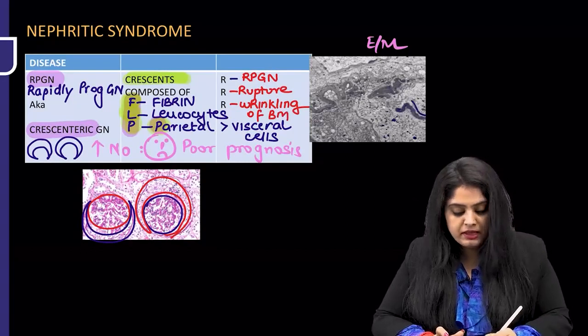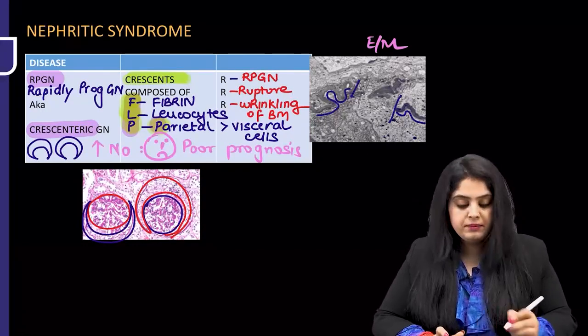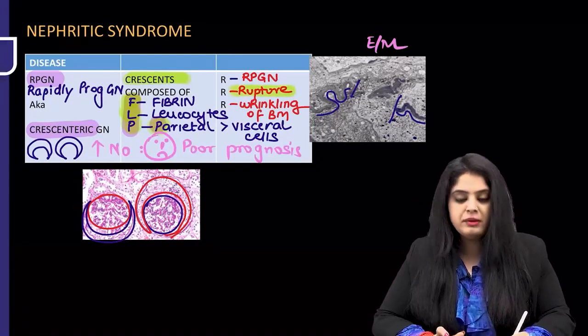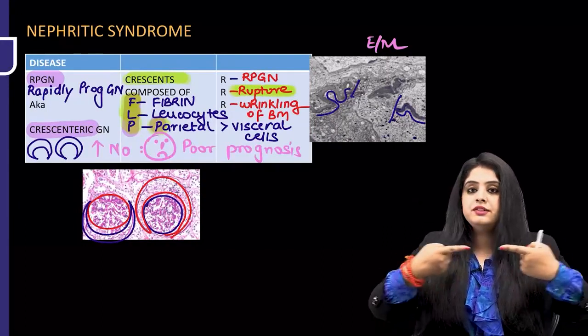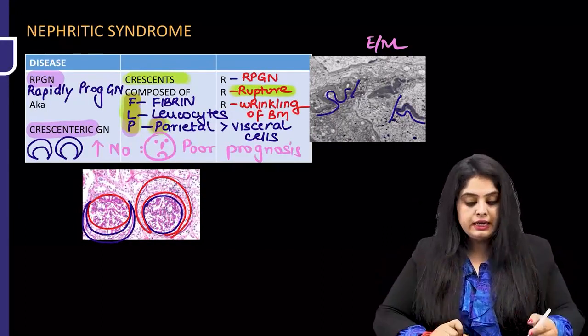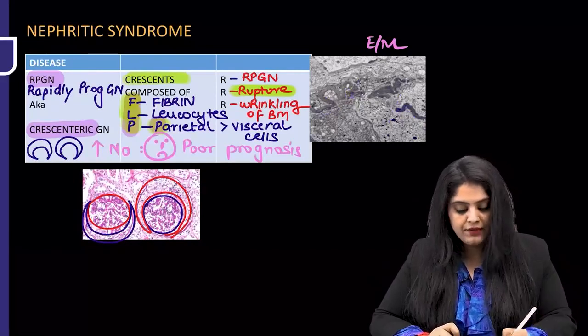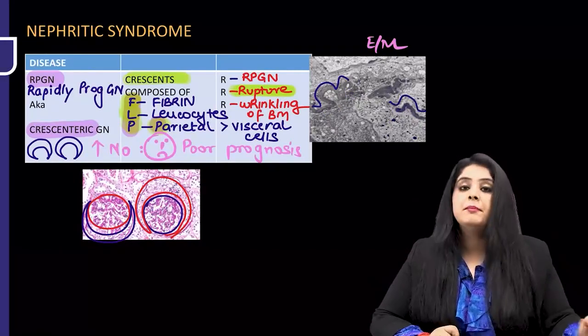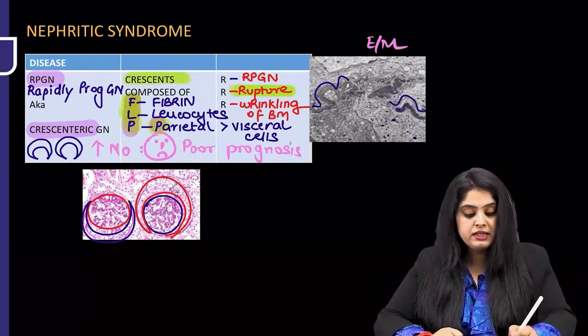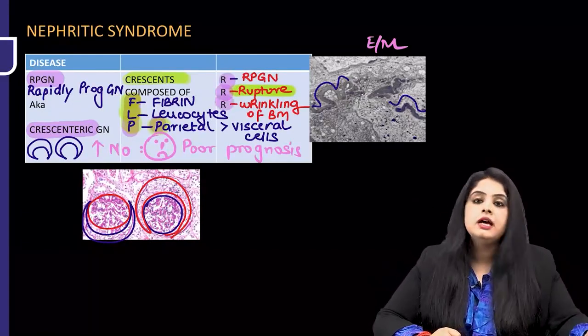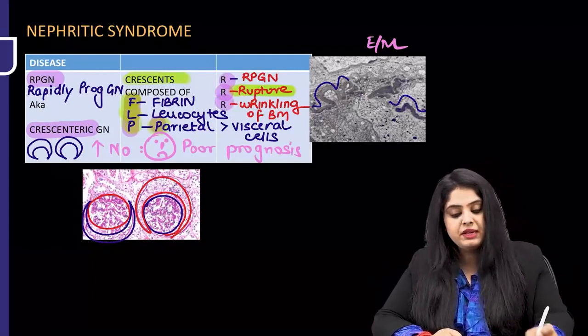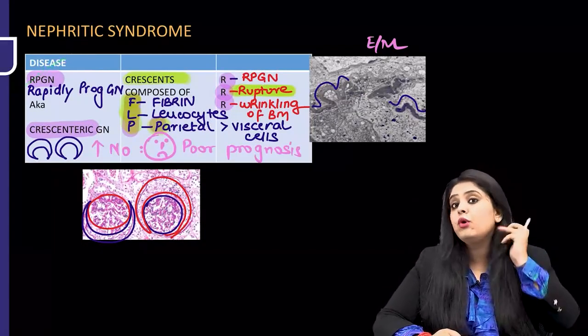So please remember, can you see here there is a black line and there is a black line, but it is broken in between. It means there is a rupture, the basement membrane is ruptured, and not only has it ruptured, it has also wrinkled. So please note there is going to be rupture and wrinkling of the basement membrane. RRR, repeating, RPGN shows you rupture and wrinkling of the basement membrane, and that sorts RPGN for you almost.